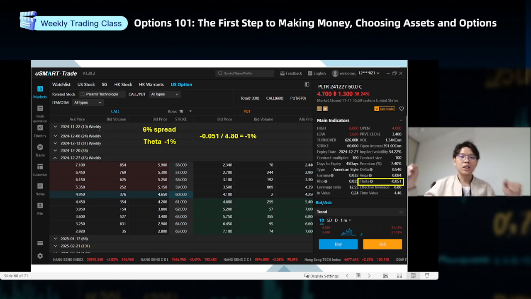So if you bought the contract and the price does nothing, just remains stable, you will experience a price decay, a depreciation of 1% every day. So you need to make sure that the gain that you get is much greater than the time decay.